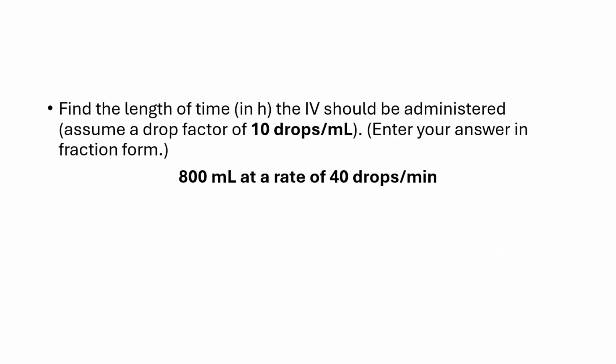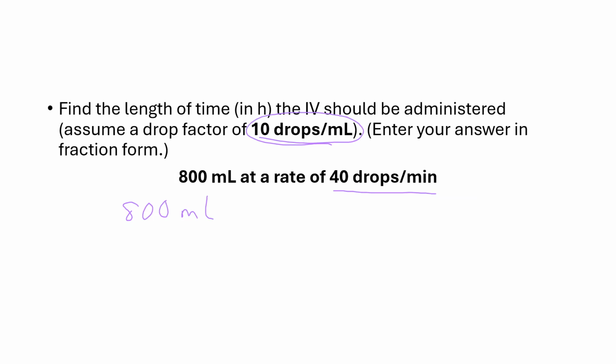I've got 800 ml, and this 800 ml is at a rate of 40 drops per minute. But if you look at the drop factor here, you've got 10 drops per ml, which means for every ml, you've got 10 drops.